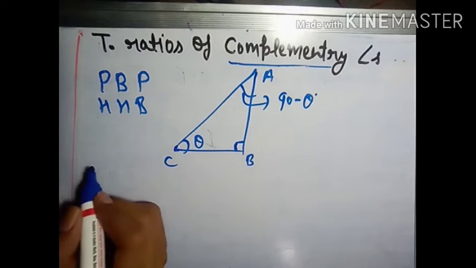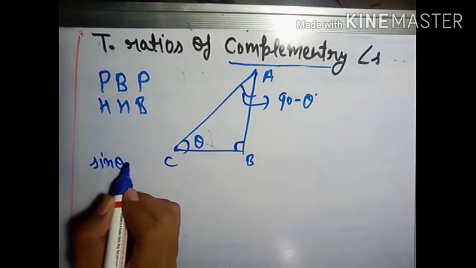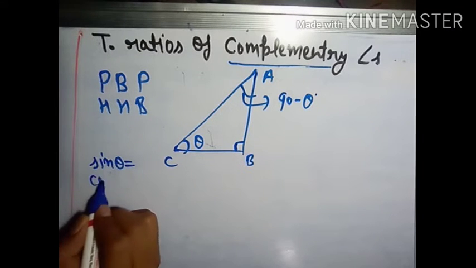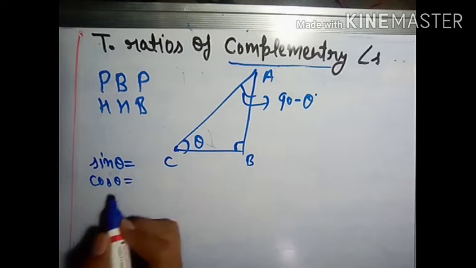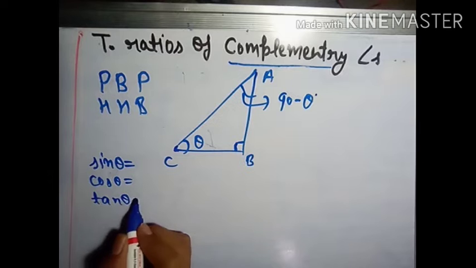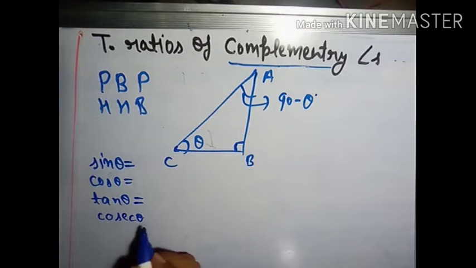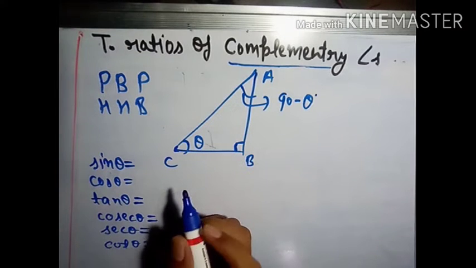So I am calculating sine theta, cos theta for the theta angle, then tan theta, then cosec theta, sec theta, and the last one, cot theta. So let us do it.